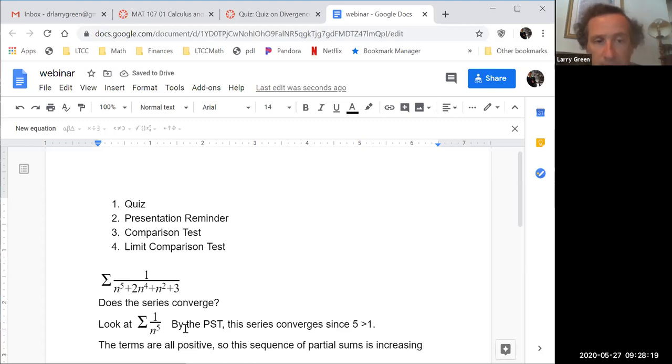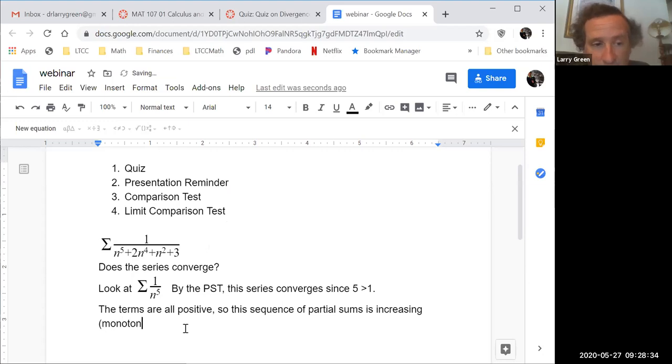Do you agree? If we keep adding more positive numbers, then you get an increasing sequence. So that means, let me give you another word that might ring a bell, monotonic. So we have a monotonic sequence of partial sums.